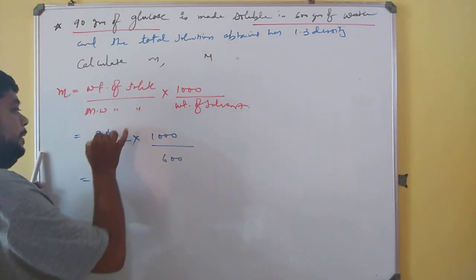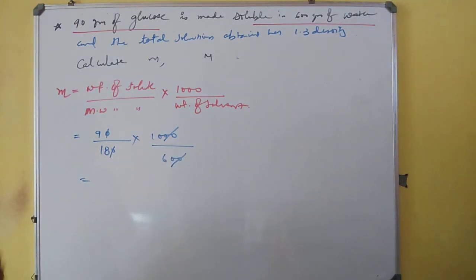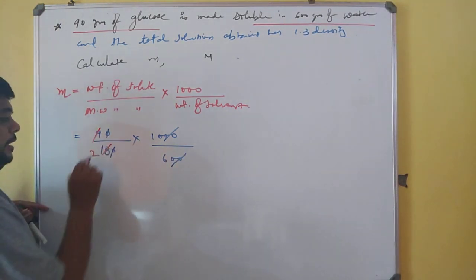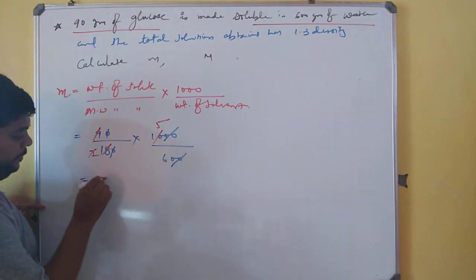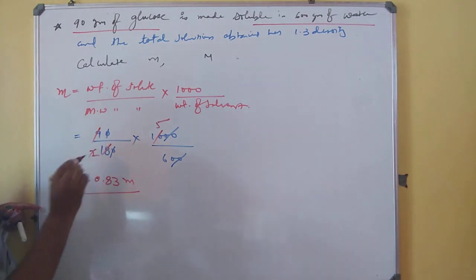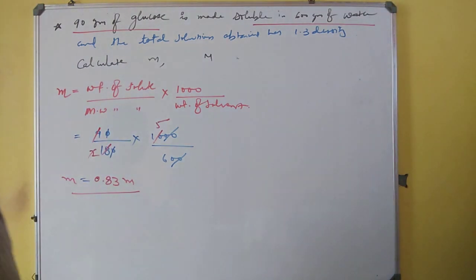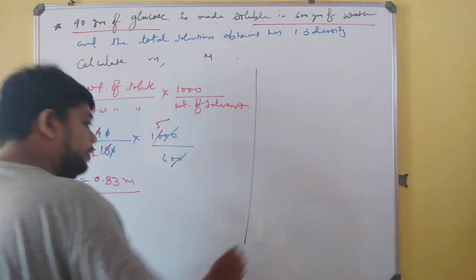So what will happen? Dividing, I will end up with a figure 0.83 molal.